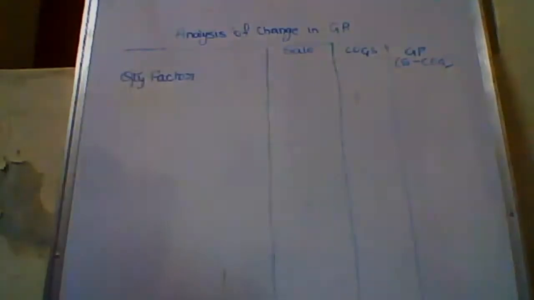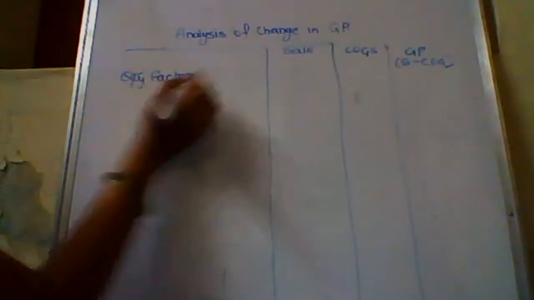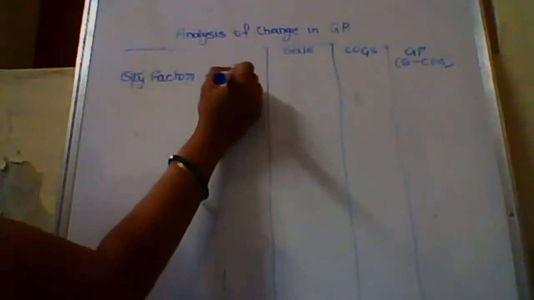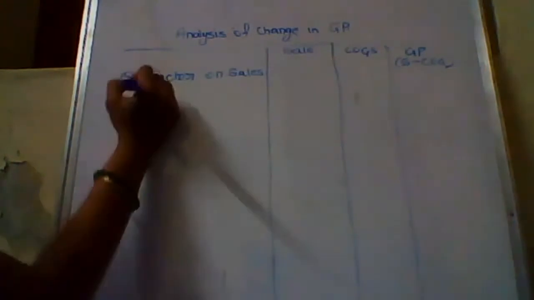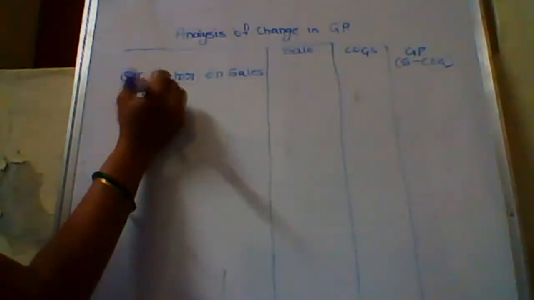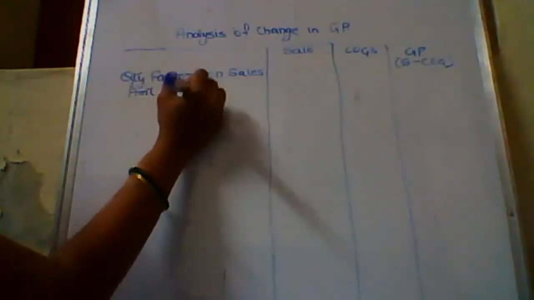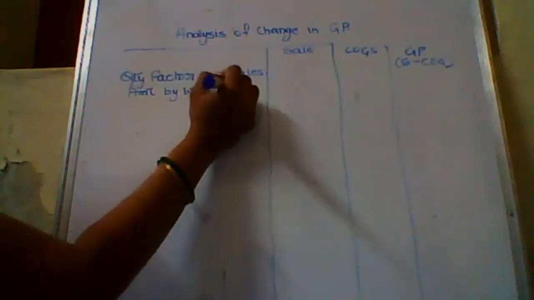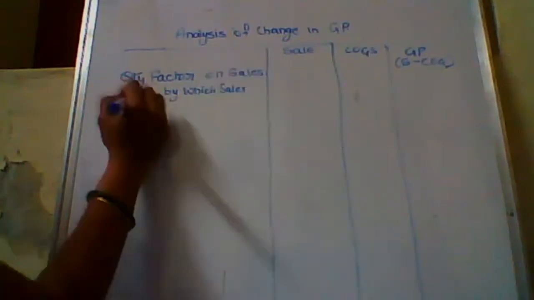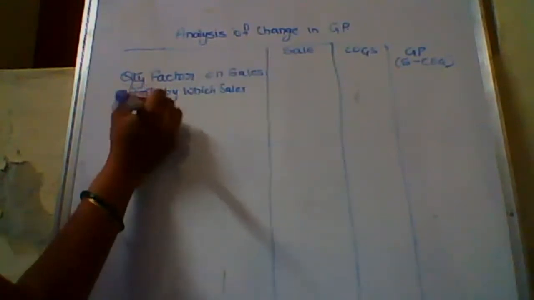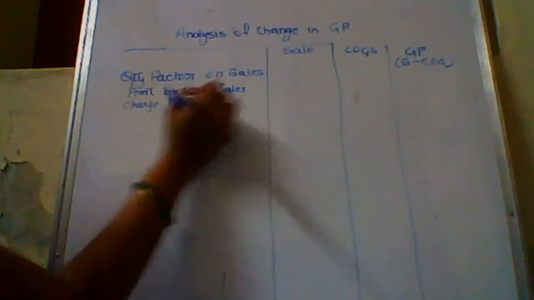So first, quantity factor. It means quantity factor on what? You're finding out quantity factor on sales. It means the amount by which sales changed due to quantity.